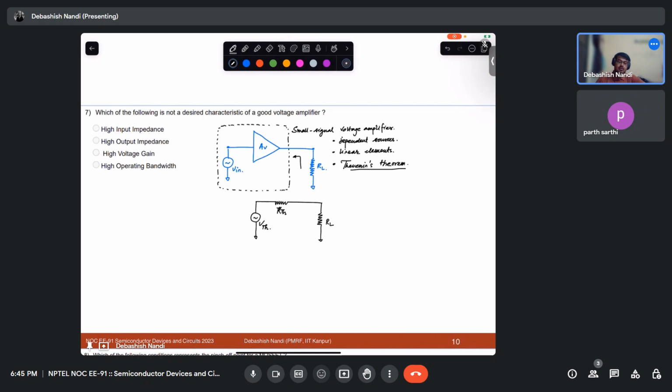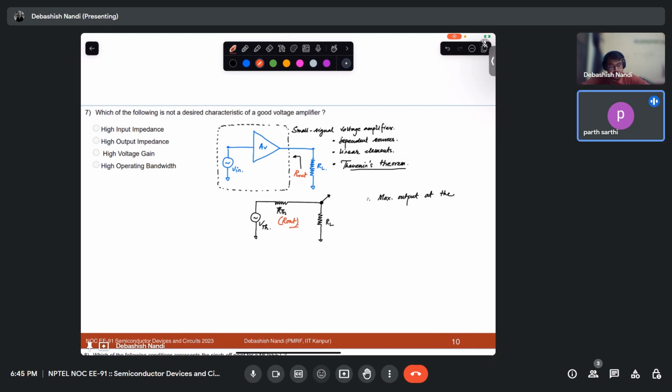Okay. So you want maximum output at this node. And what is this RTH? RTH will be nothing but the resistance looking inside, so this will be nothing but your R out.